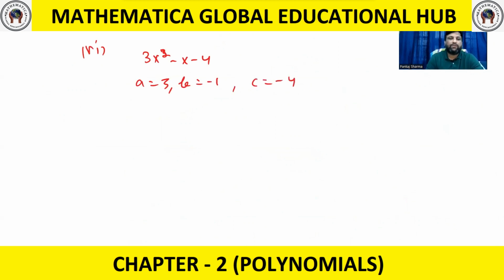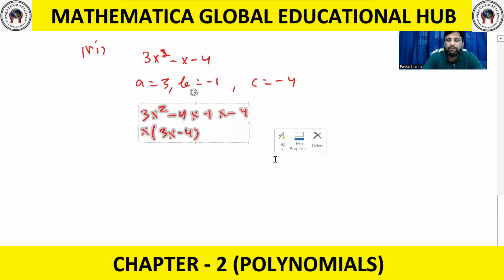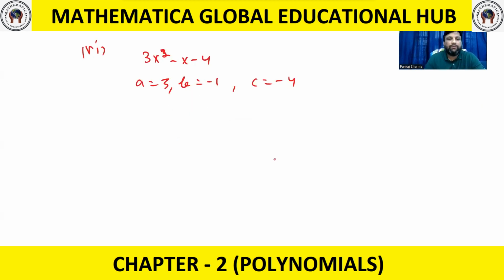So here we can factorize: 3x square minus 4x plus x minus 4. Now we can say that x common, so 3x minus 4.